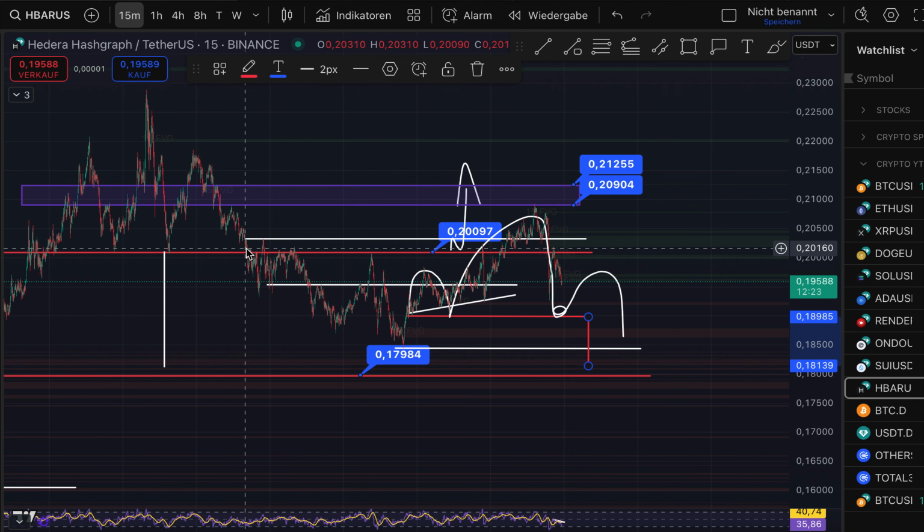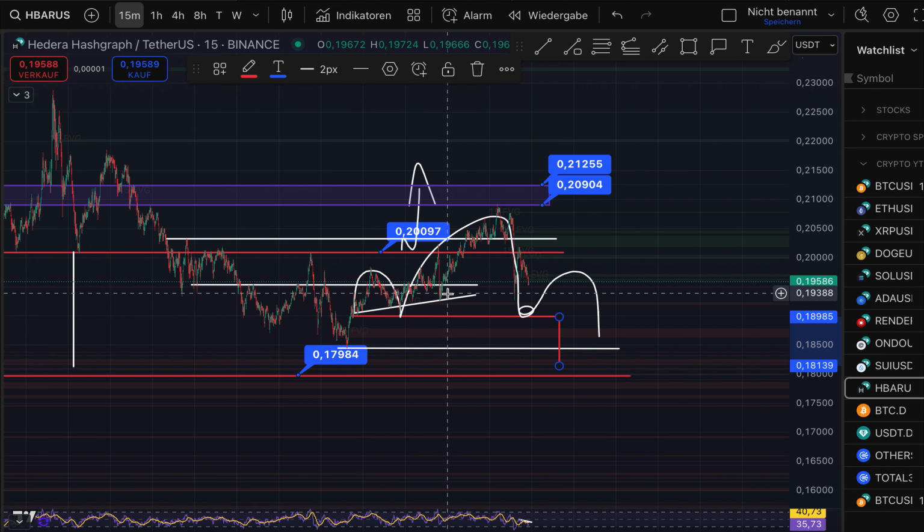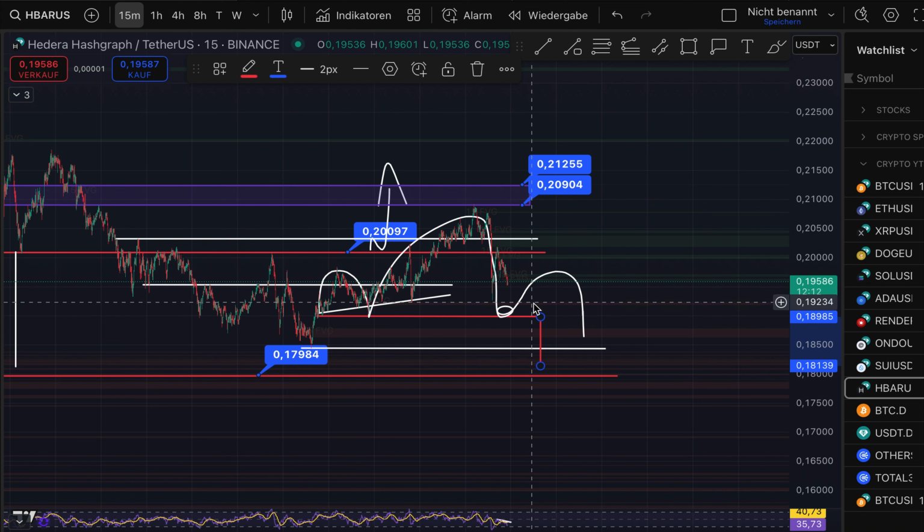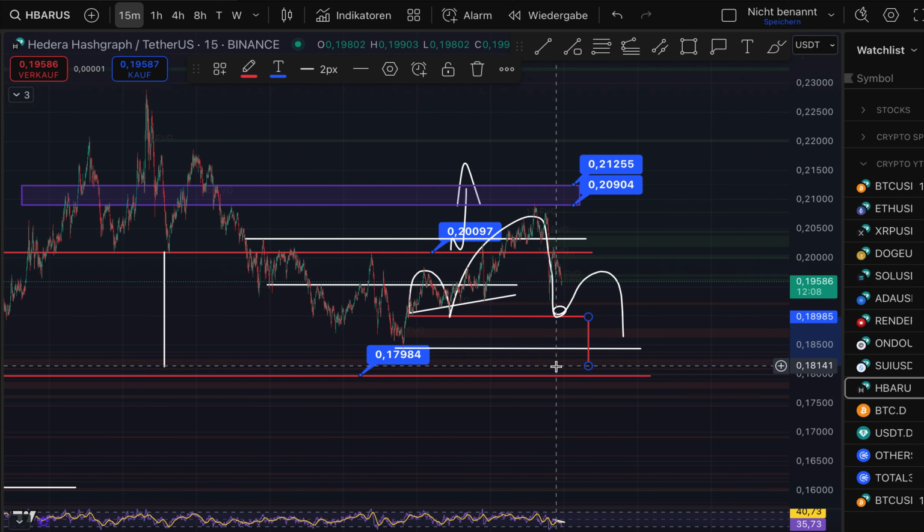So since 8 days, we already knew that the target is going to be 18.1 cents from the head and shoulders formation. If we get another head and shoulders formation which directs us to 18.1 cents, then we have two chart patterns telling us the same. So keep that in mind for HBAR.